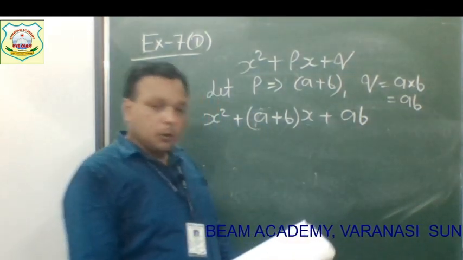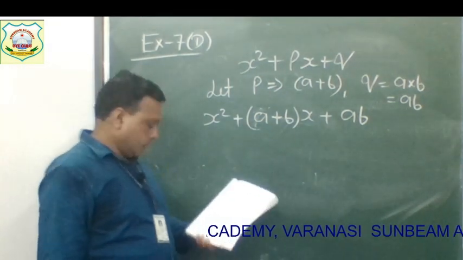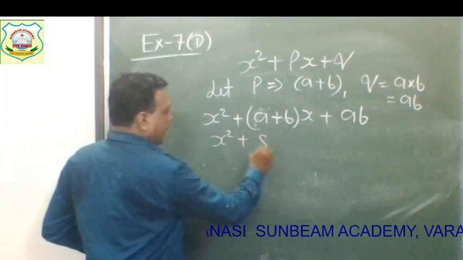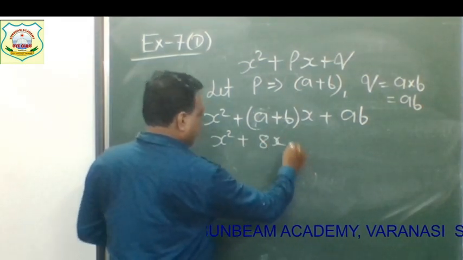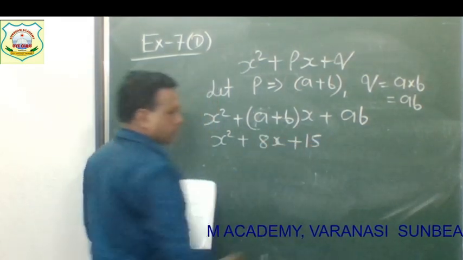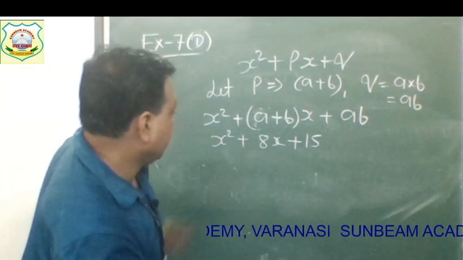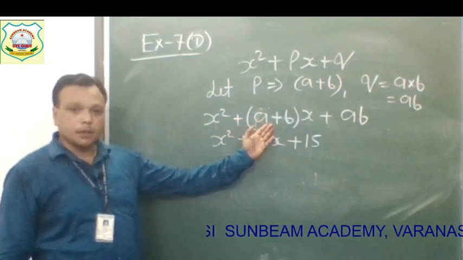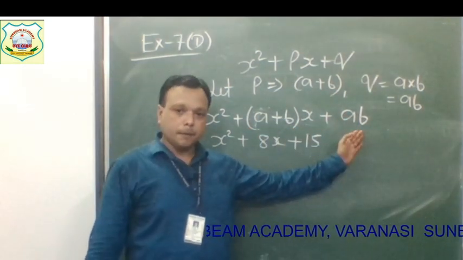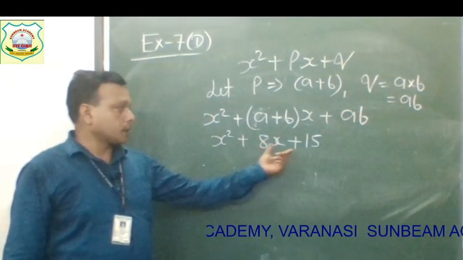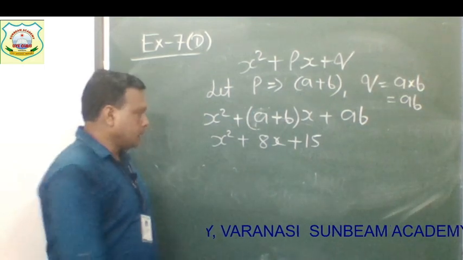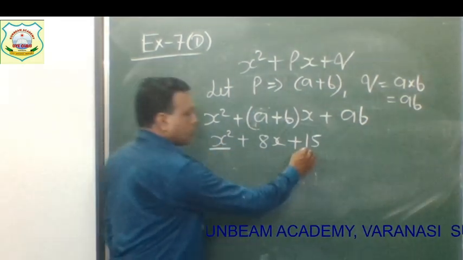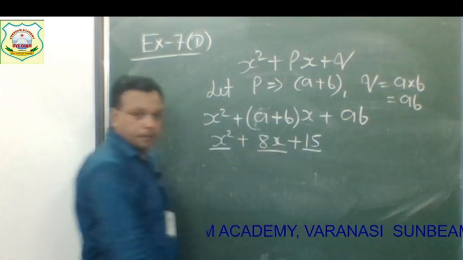Now just see one example here. Example 1 is given: x square plus 8x plus 15. Students, how can we correlate this expression with x square plus (a plus b)x plus ab? X square plus 8x plus 15 is given. This is the first term, this is the constant term, this is the middle term.